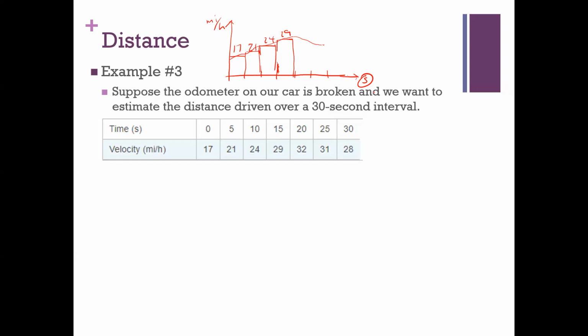At a minimum, what change do I need to make to miles per hour, just so I have some sense of compatibility? I can do miles per second, but that's going to be a little hard to deal with because the numbers are going to be so small. Let's do feet per second. So we'll do a quick little conversion here.